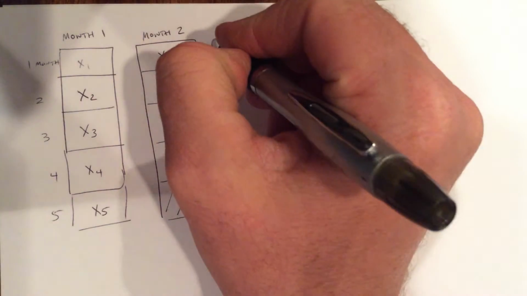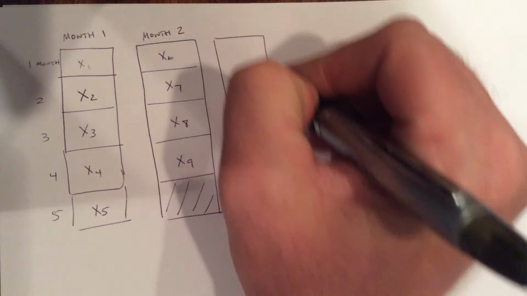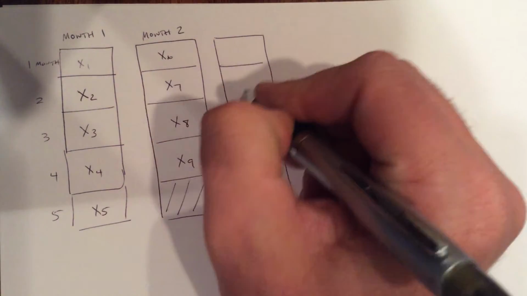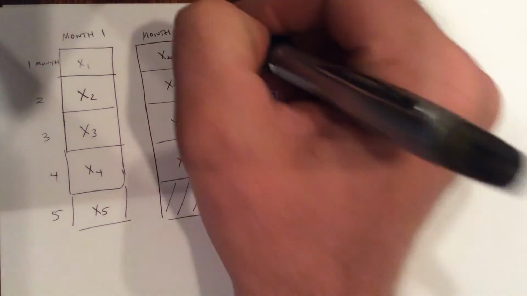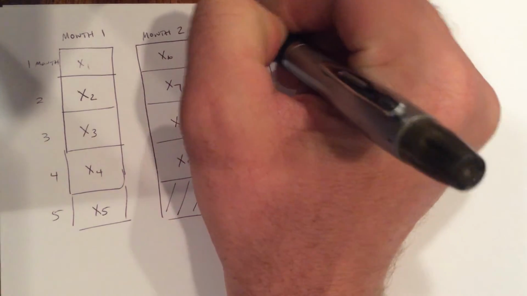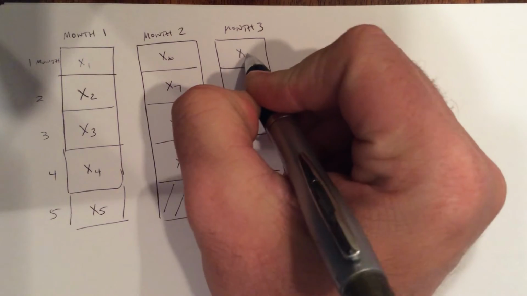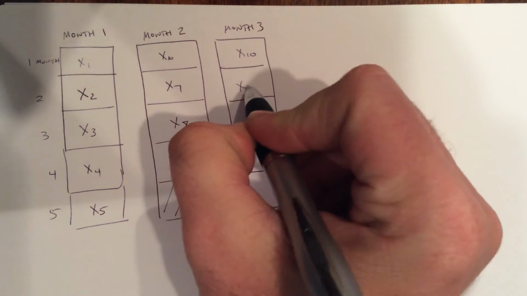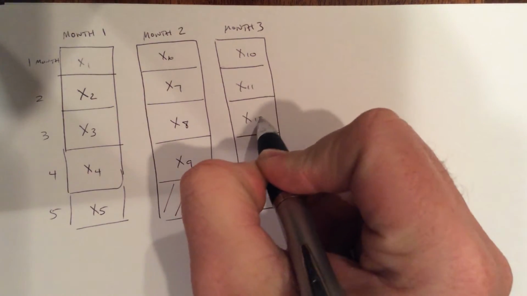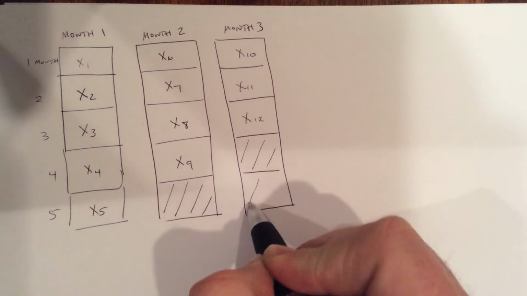Now month 3 is going to be similar. So month 3, we can take out a 1-month loan, which will be x10, a 2-month loan, x11, and a 3-month loan, which is x12, but we can't take out these other loans.